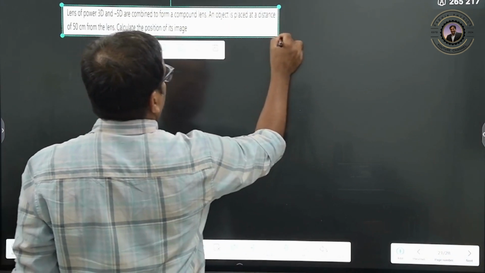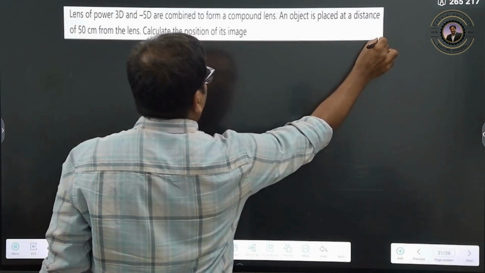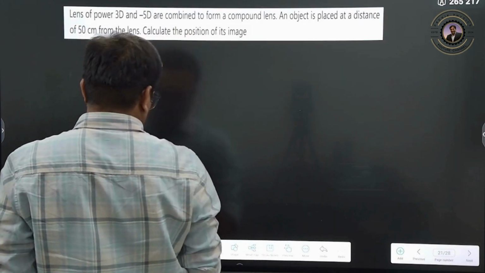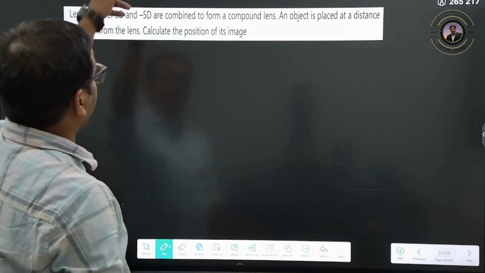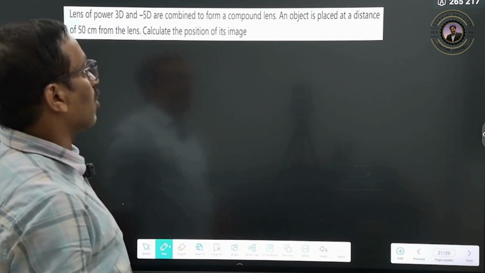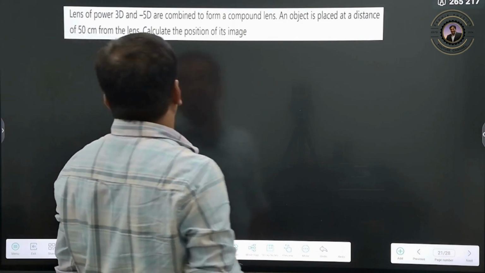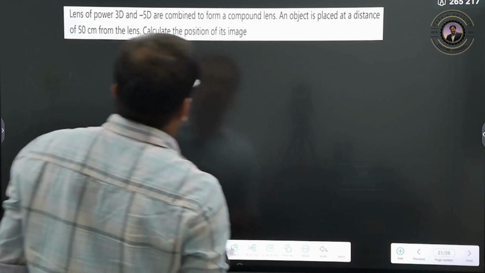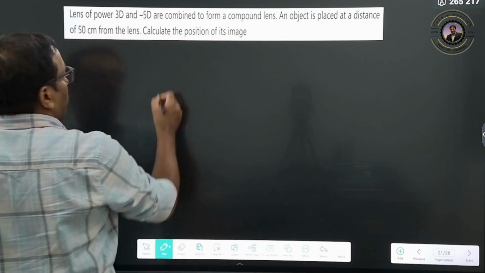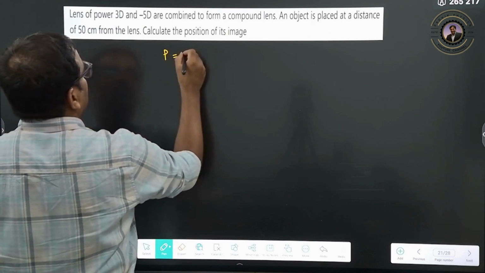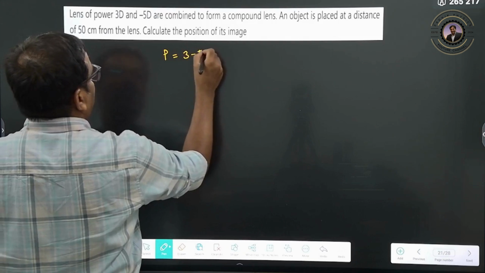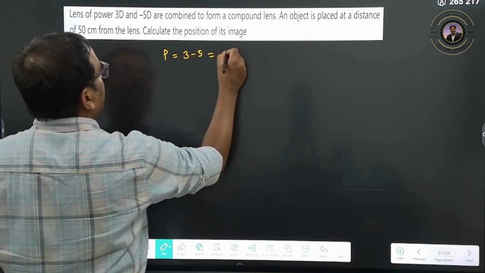Now suppose here this is one question. Lenses of power 3D and minus 5D are combined to form a compound lens. An object is placed at a distance of 15 centimeter from the lens. Now find the position of the image. Yes. So power of the combination is 3 diopter minus 5, therefore minus 2 diopter.